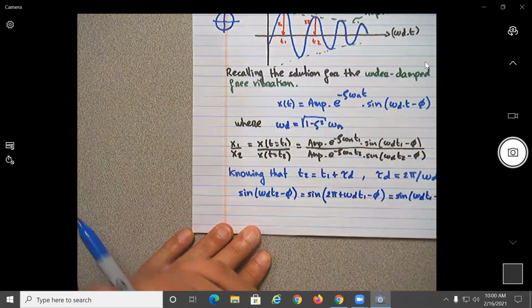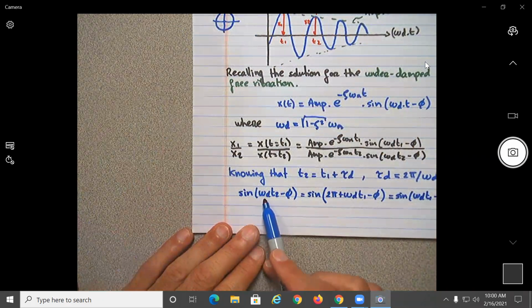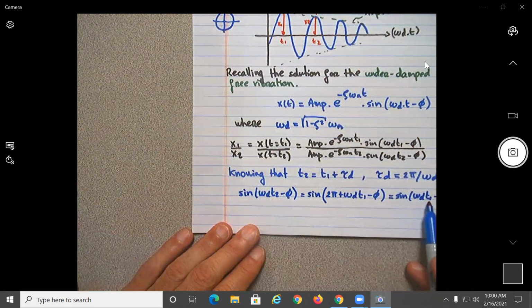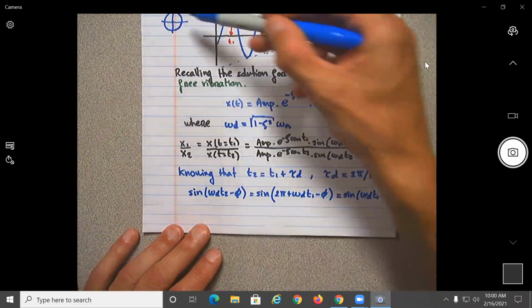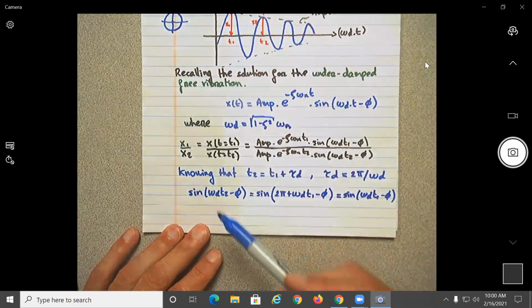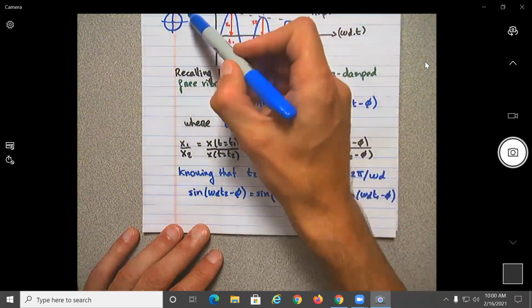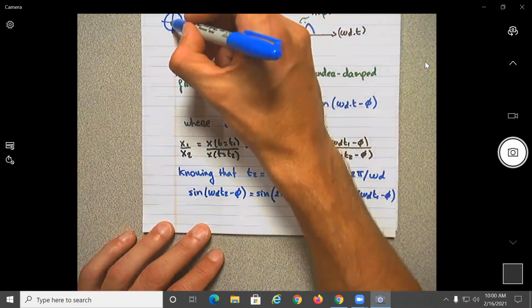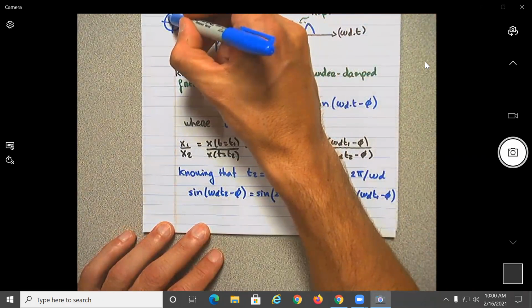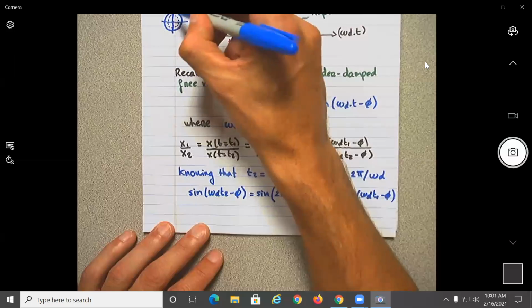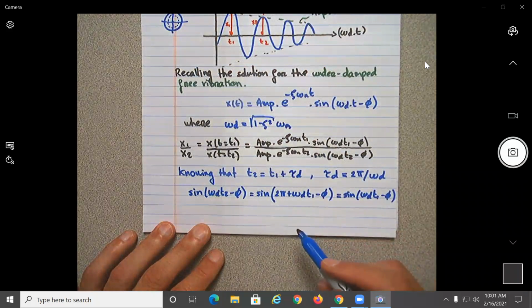Okay. So sine(omega_d t2 minus phi) is actually equal to sine(omega_d t1 minus phi), because after one cycle you just end up at the same location around the circle. The second one will be with lower amplitude, but it's still going to go once around the circle.